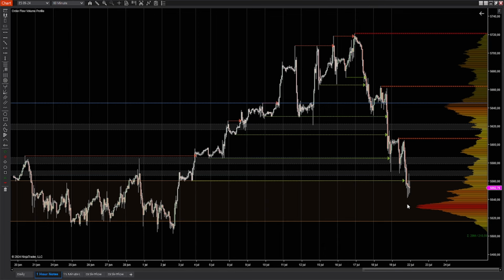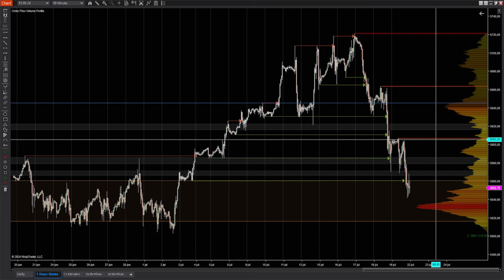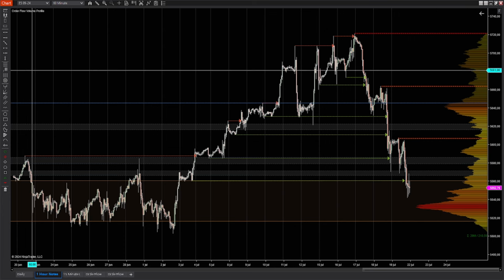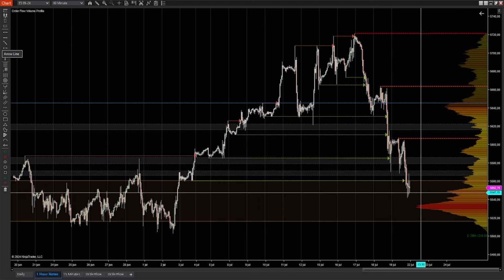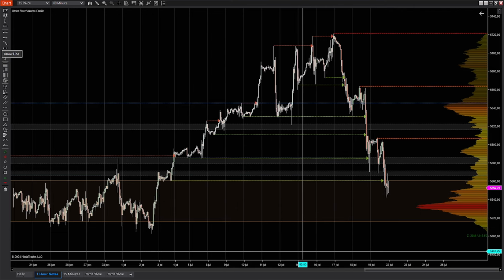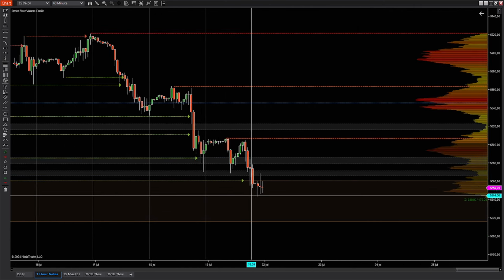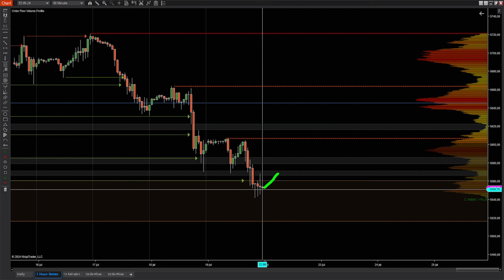So I will react to these key levels, this key level, this key level, this key level, and I will use this key level as a target, and I will be using the lows of this range also as a target. For example, if we see the market reversing, opening, going into here, and we have a reaction here with a lot of negative delta, I will start going short and target this zone right here.